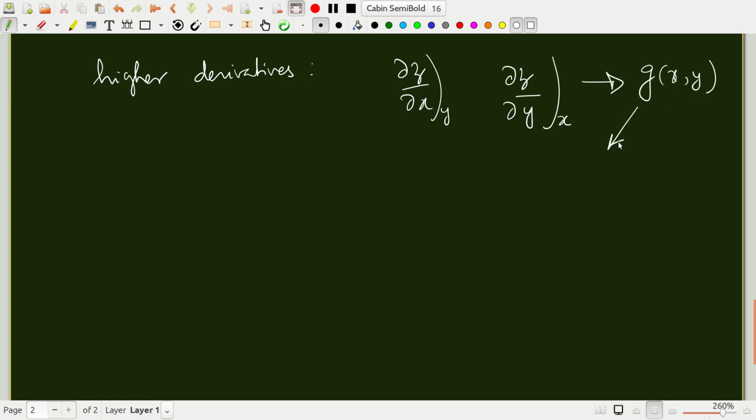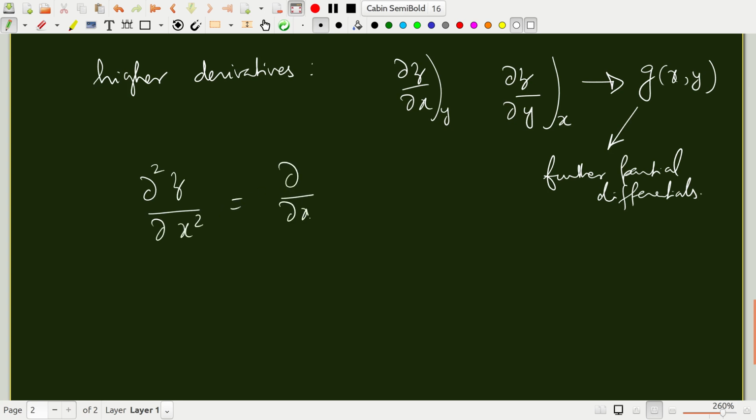So we can take further partial derivatives, just like we took for the original function. Those are called higher order partial derivatives. For example, we can consider partial squared z by partial x squared, which is nothing but partial by partial x of partial z by partial x.